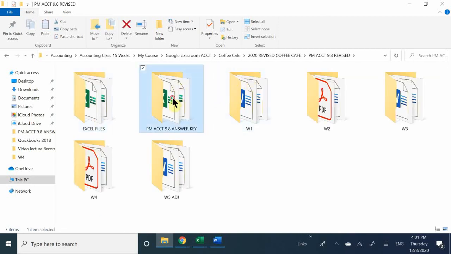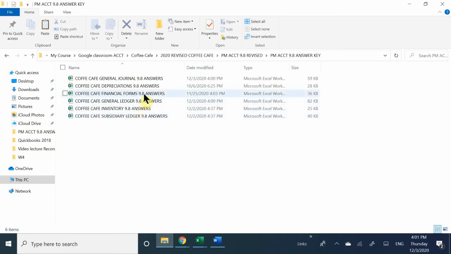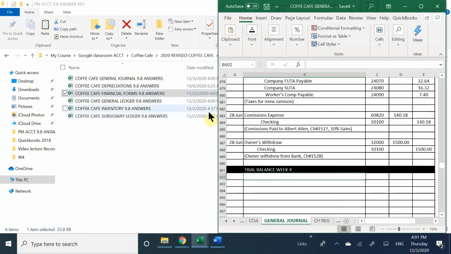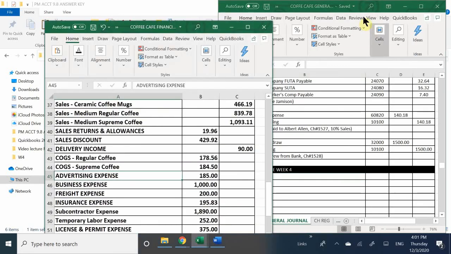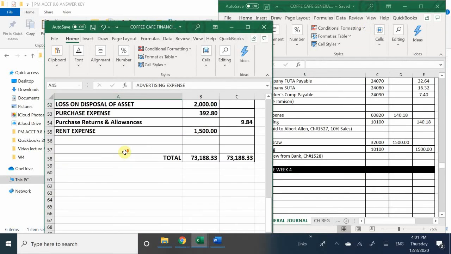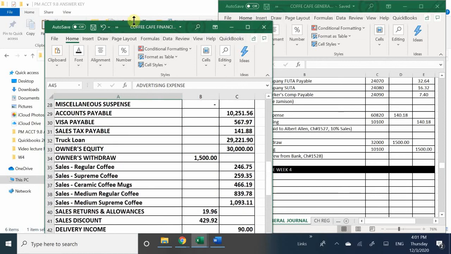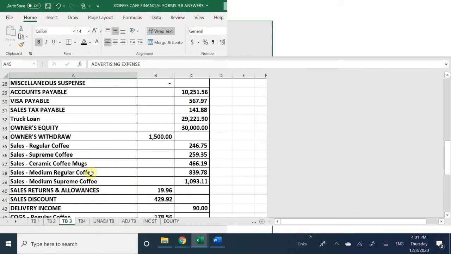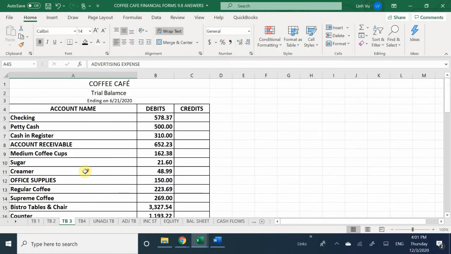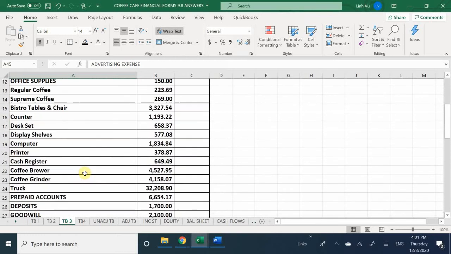This one answers, so financial forms. As we've done so far, week 3 was our maximum amount of accounts that we've entered in here.